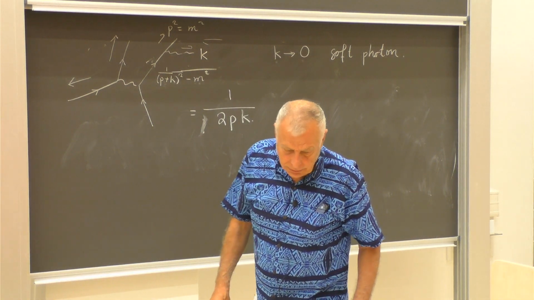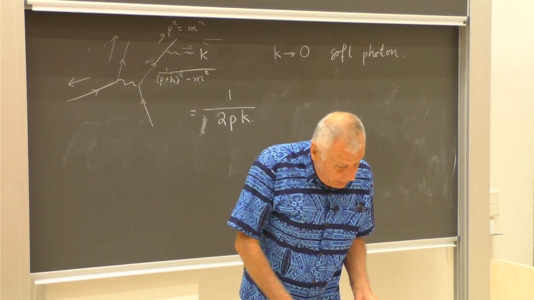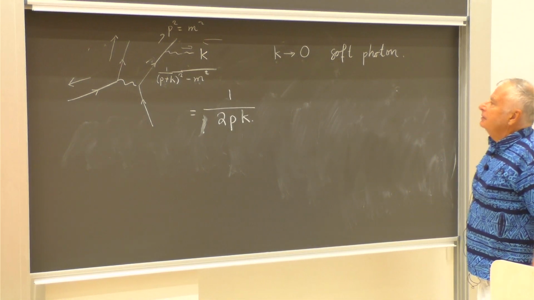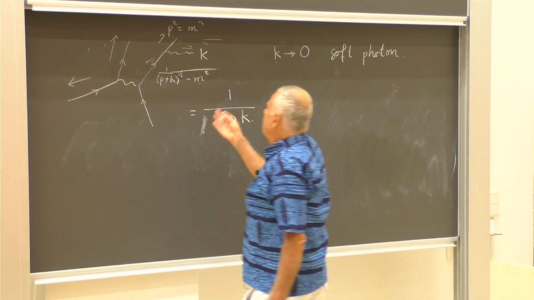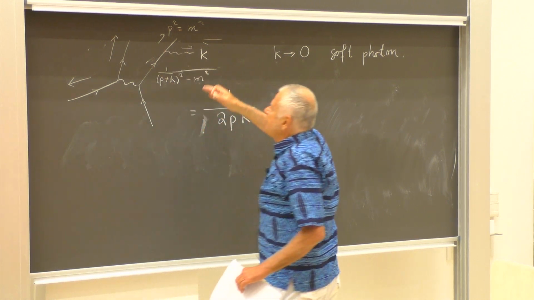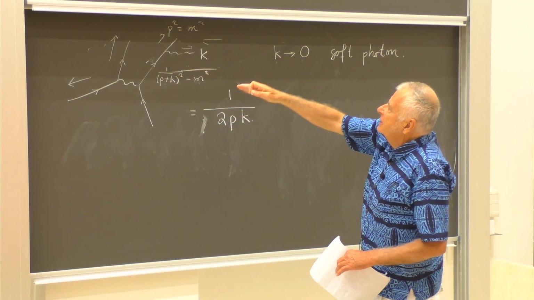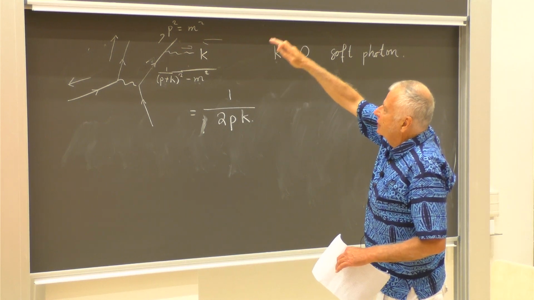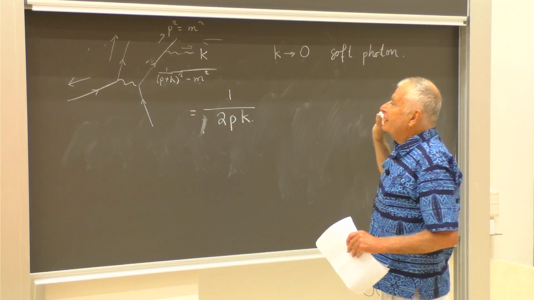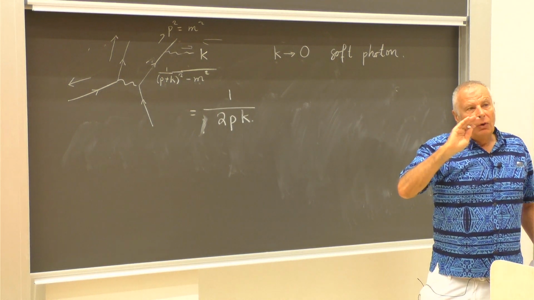Now what we can do is to consider the case in which you have some amplitude with some fixed number of charged particles. By the way, in my conventions, all particles are outgoing.